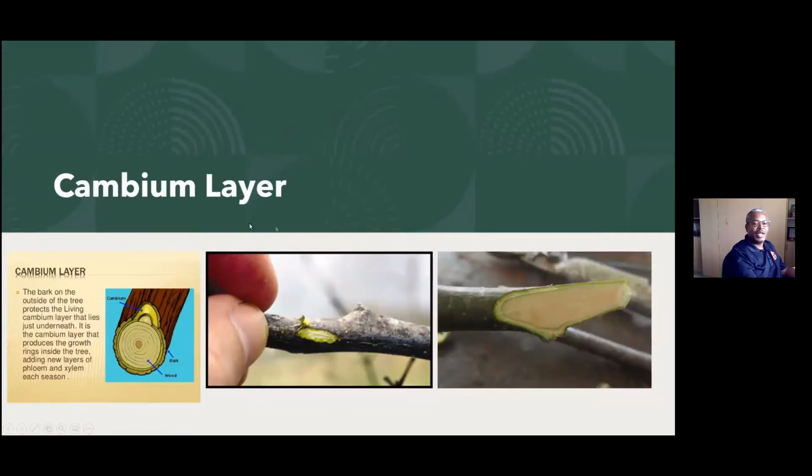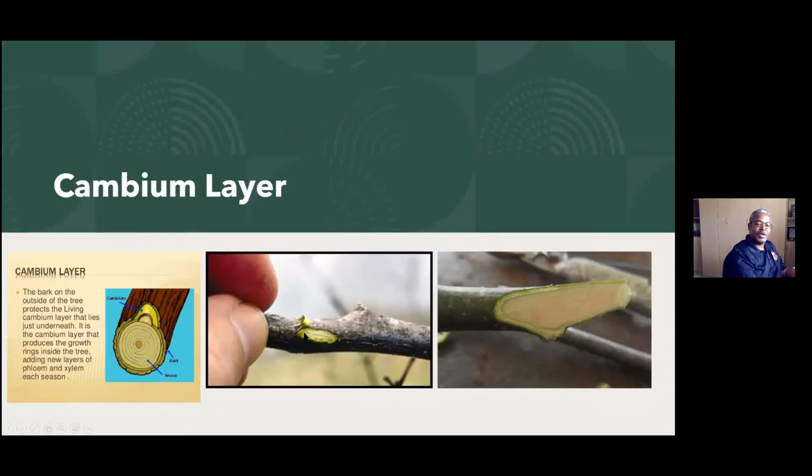That cambium layer that we talked about, basically, if you look at the middle here, once you scrape off a piece of the bark, you have this greenish color. That's your cambium.